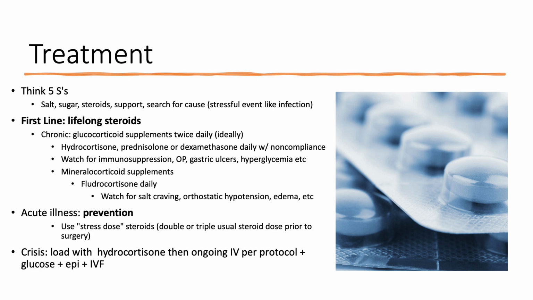It's very common that we just assume older people can't mount a cortisol response. So in septic shock, we often just empirically give hydrocortisone to support their axis, which has been interesting lately with the shortage of hydrocortisone. Then you're going to give them IV fluids and glucose, probably epinephrine and all the things.